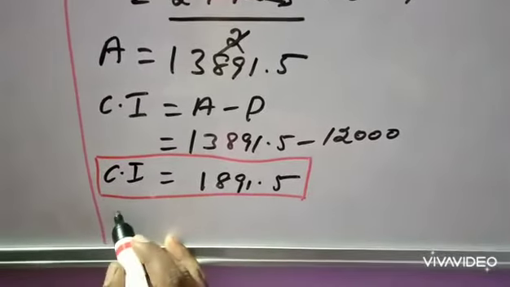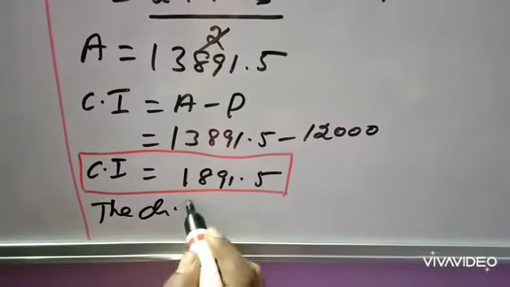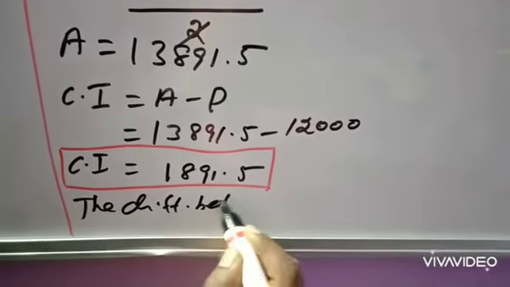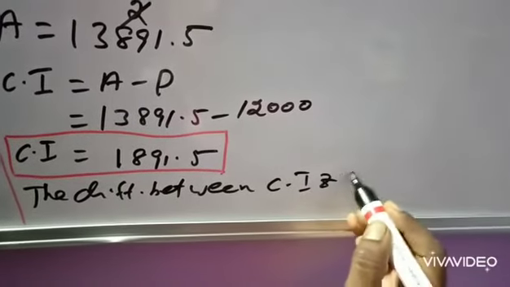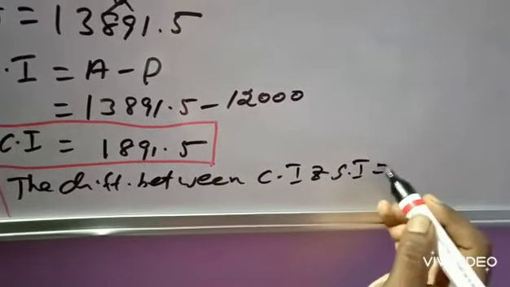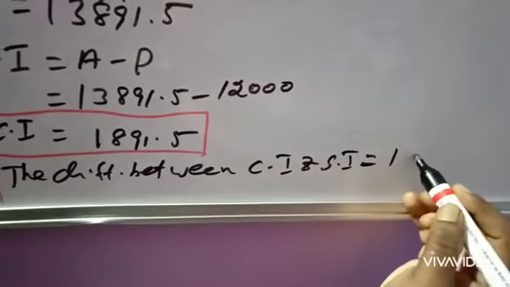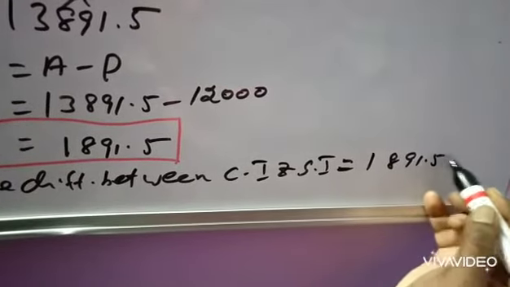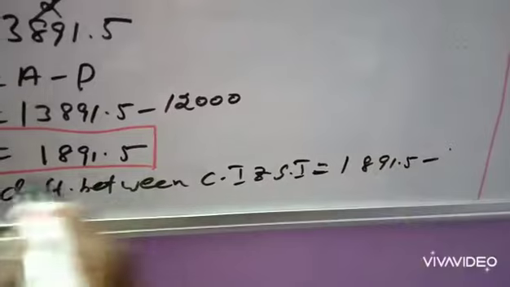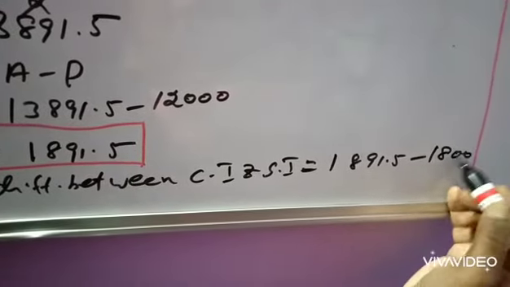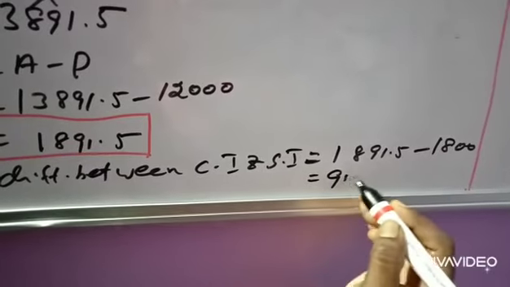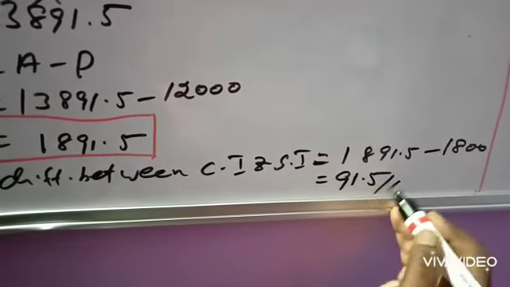Next, the difference between compound interest and simple interest equal to compound interest 1891.5 minus simple interest 1800, equal to 91.5. This is the answer.